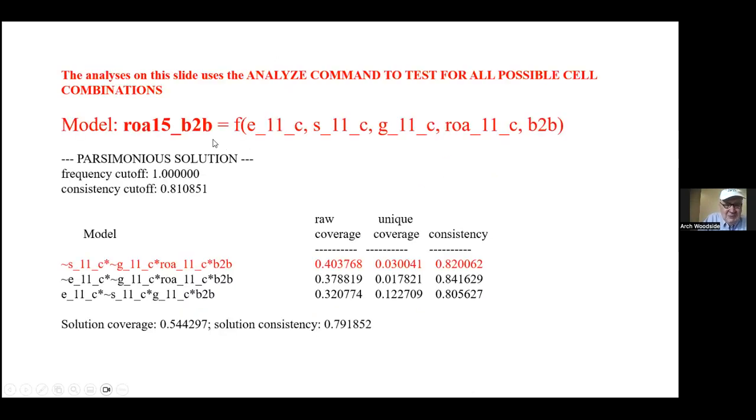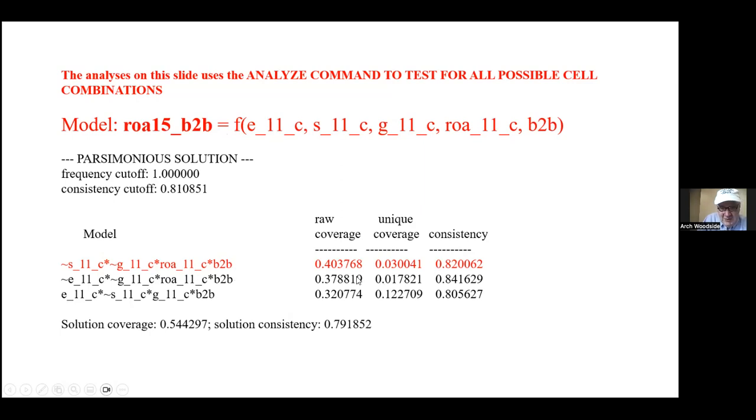So now, here's the predictive validation, where we take this one model and look at the model that works on B2B data, and we end up with 3 models that work well in predicting ROA 15 for just B2B firms.